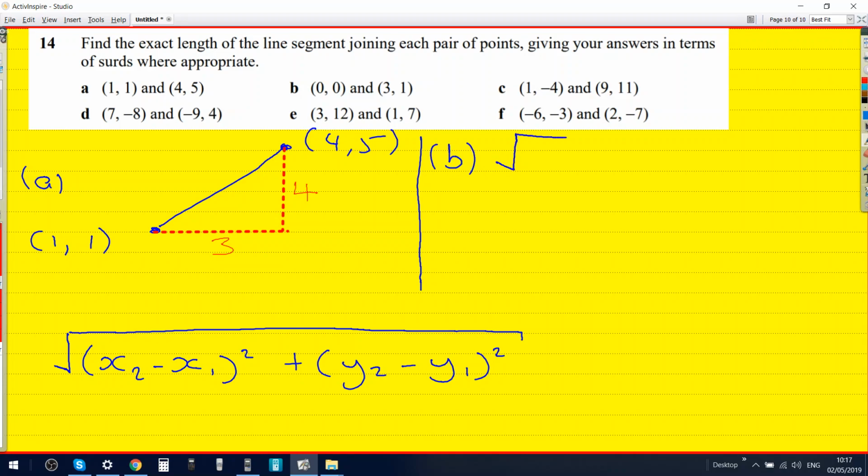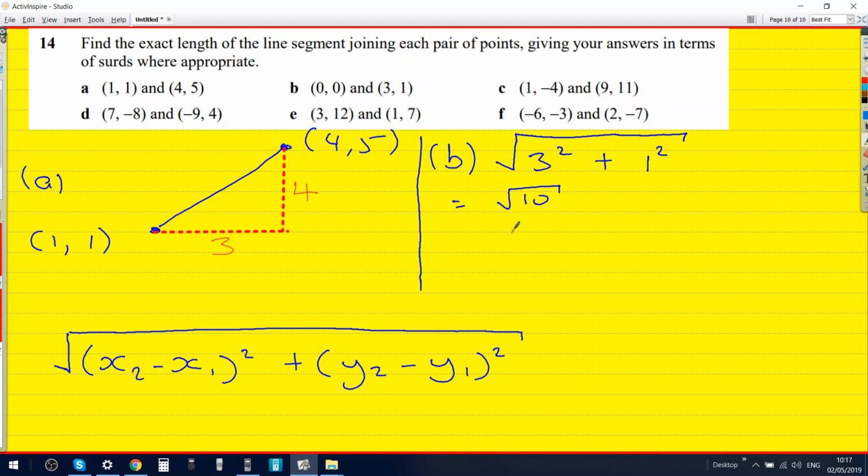You just slot that into the calculator. I got root 10. Yep. Root 10.